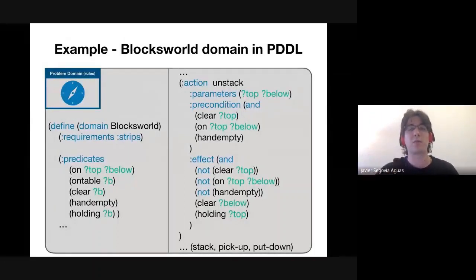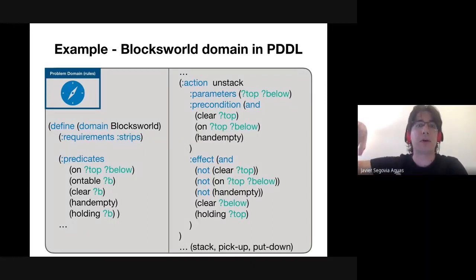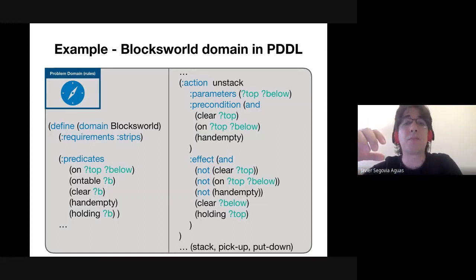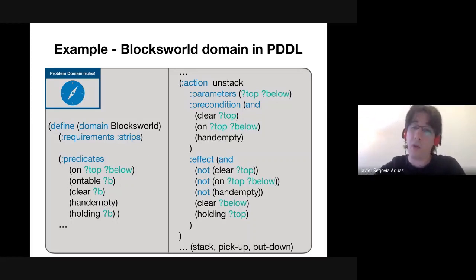We have a tower where we have two or more blocks, and we want to pick up the topmost block. To pick up the topmost block means that the top block must be clear, the top block must be on top of another block that is below, and the hand of the gripper must be empty. If these conditions hold for specific objects, then unstack can be applied.